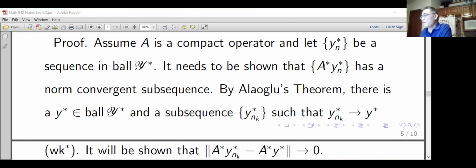So since that is an arbitrary sequence in A star of the ball, that would mean A star of the ball has a compact closure. Actually, if we can prove this, then A star of the ball is compact.